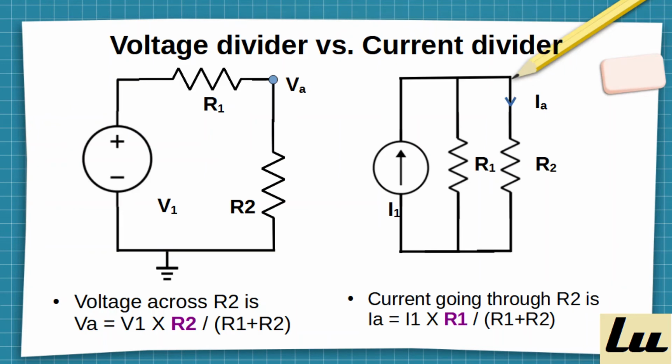Voltage across R2 is VA equals V1 multiplied by R2 divided by R1 plus R2. Current going through R2 is IA equals I1 multiplied by R1 divided by R1 plus R2.